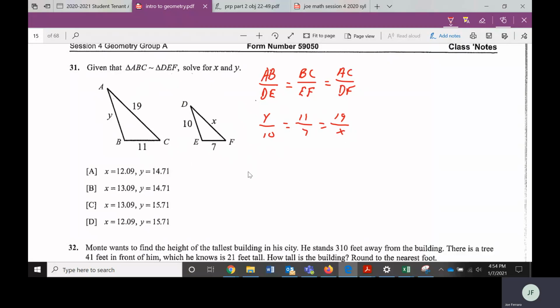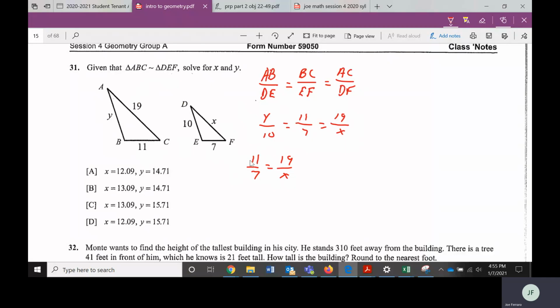So if I want to find X and Y, I'm going to use this information here. If I want to find X, I don't need to use all 3 of those. I will use this part right here. There's my proportion set up already. Find 2 corresponding sides that have the same numbers. That's your known pair. And then you're looking for X and use its corresponding, which is 19.